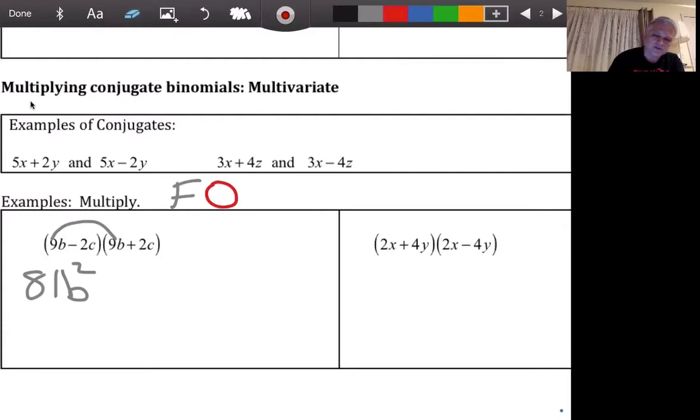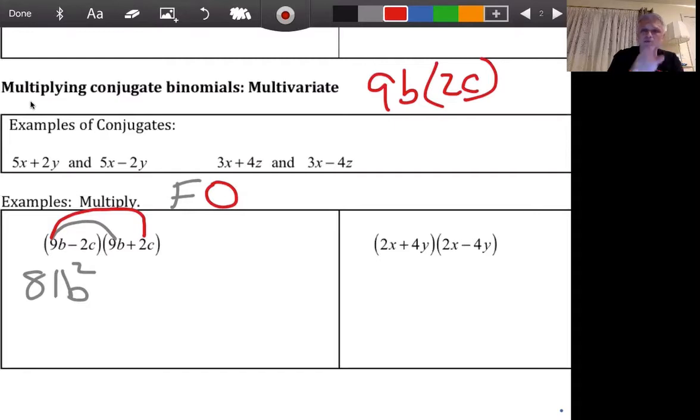That's the first term. Now the outer terms multiplied together. Your second term, you are going to have 9b multiplied by plus 2c. So 9b times positive 2c. How do we multiply them? Coefficient times coefficient. That means the number in front of the variable times the other number in front.